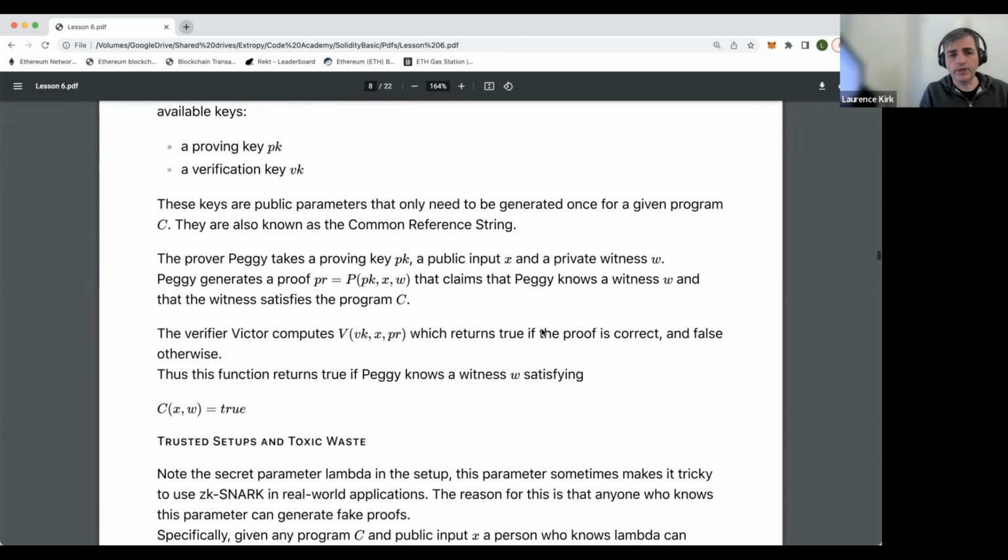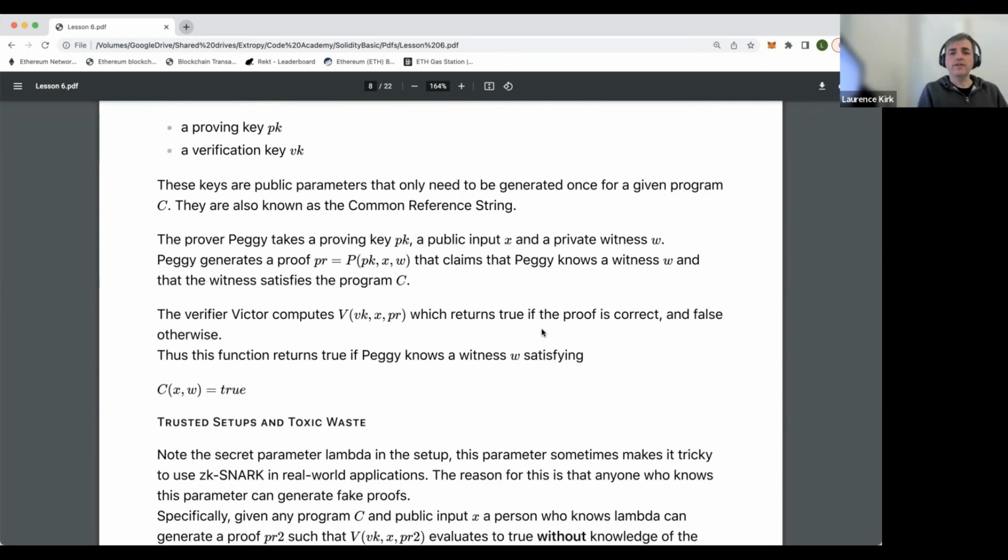The process proceeds as the prover, Peggy, takes this proving key. She can then take a public input. A public input is a value that is known to everyone. In the square root example, this would be the number that we want to find the square root of, our 25, for example. Then she also takes what is called the witness. This is her secret, the private value that she doesn't want anybody else to know.